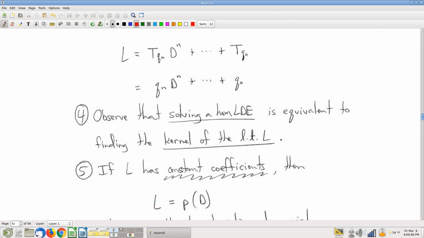I want to remind you what P is. We've got a formula for P. I'll squeeze it in over here. P of lambda is a n lambda to the n plus, and then a bunch of terms that look like that, and then a1 lambda plus a0.